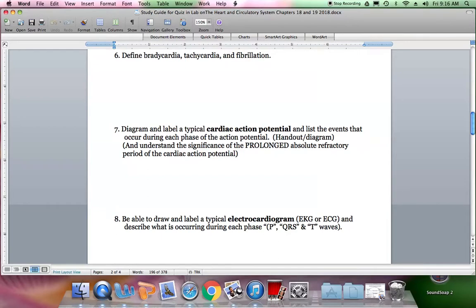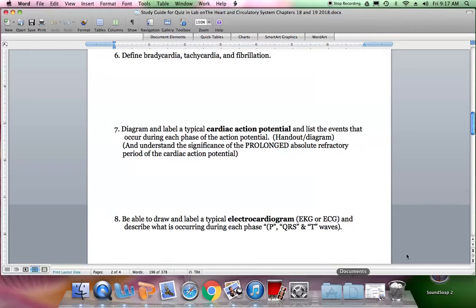When the SA node, the sinoatrial node, fires, it sends out that signal to the atria, and then it goes down to the atrioventricular node, shoots down the ventricular septum, and then flows throughout the ventricles to depolarize the ventricle cells, and as a result the ventricles will contract. What this is showing is a reflection of the electrical activity of the cardiac conduction system of the heart.